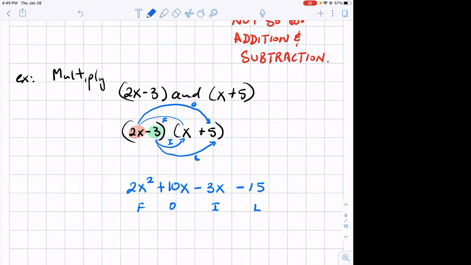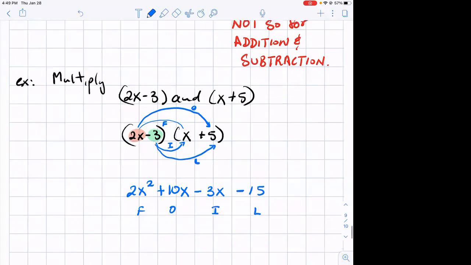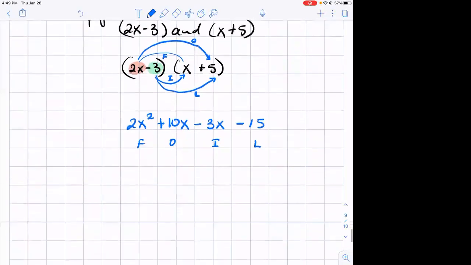And that's how you came up with the word FOIL. I'm not a big fan of FOIL because it only works when you multiply two binomials, right? So I don't like to remember something that only works once. Only for two binomials you can use FOIL. Now, if you notice here, we have what is called like terms.